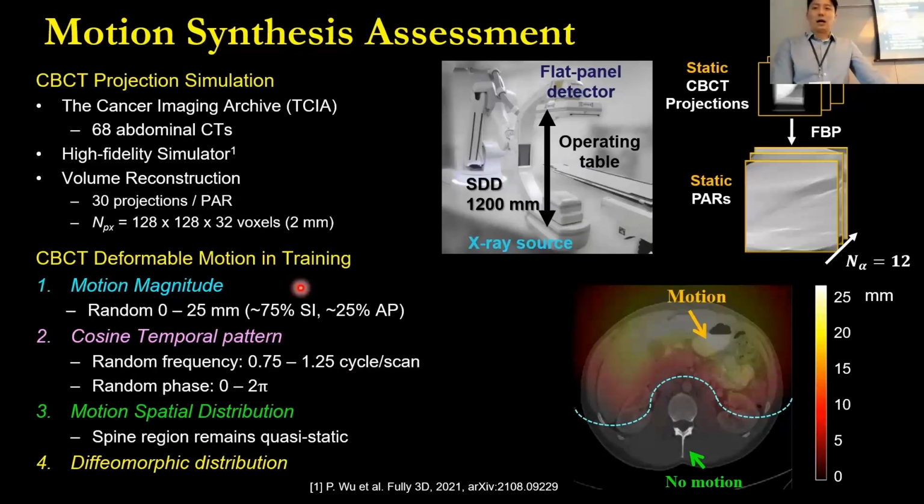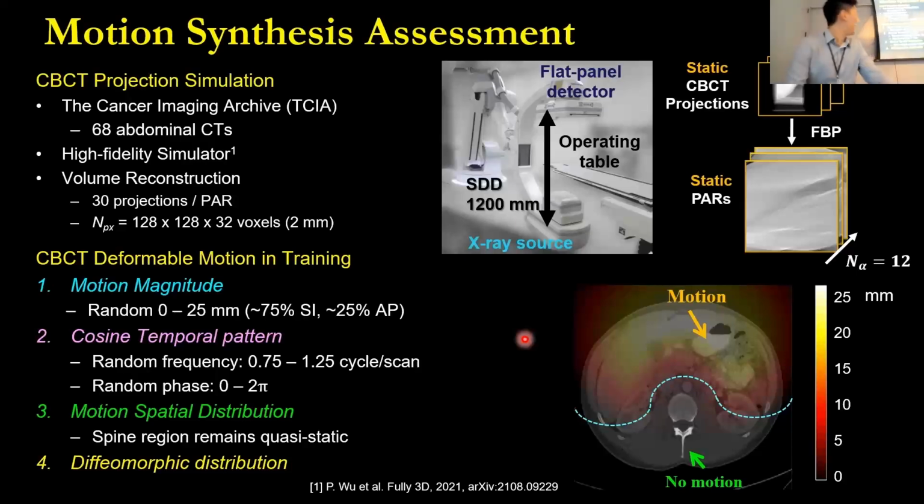Our motion corrected training data are also generated using the same data set with the same geometry. The idea is that we design a few aspects of motion in the training data set so we can later validate them using our simulated results. First, our deformable motion has a motion magnitude which is randomized between 0 to 25 millimeters, where we also allocate different motions on each direction.